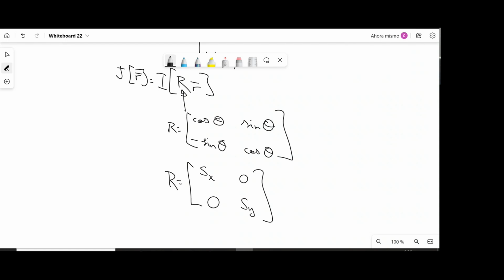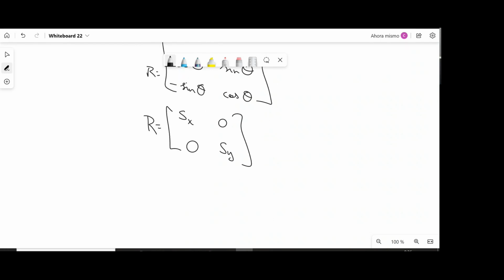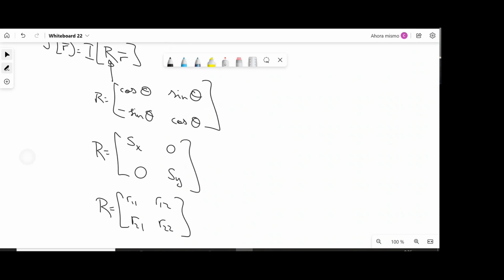And there are many other transformations, and in general, this can be an arbitrary transformation. So this can be R11, R12, R21, R22. These are special cases in which this is a rotation, this is a scaling.